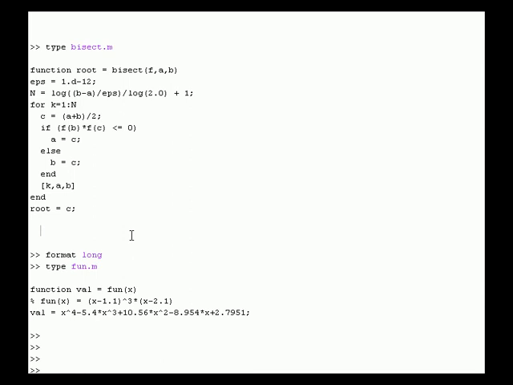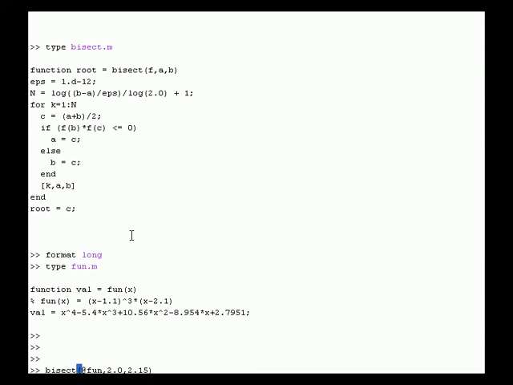So let's try it. We have to pass in the function with the at sign, so MATLAB knows that's not just a variable, it's a function, and goes to look for the function of that name. And let's look at the root 2.1, and let's give 2.0 and 2.15.